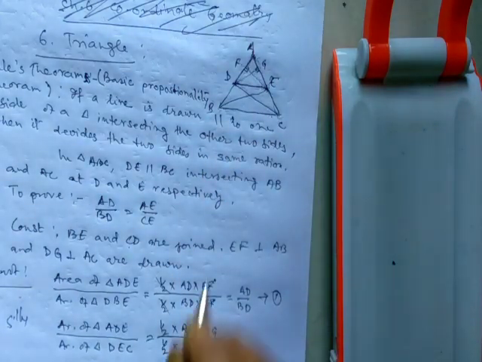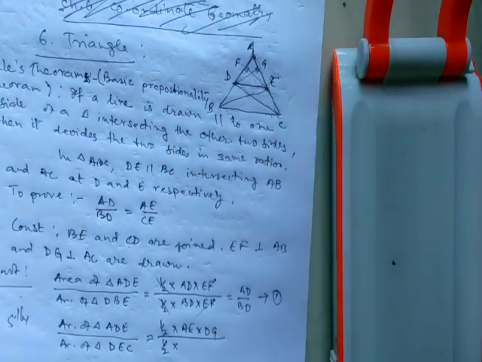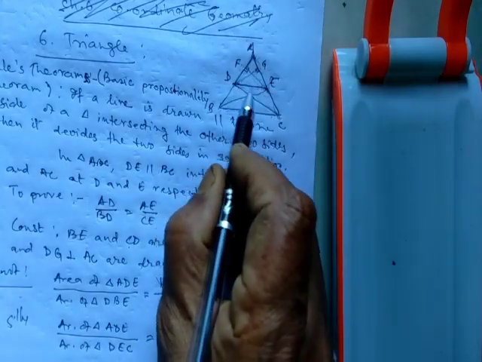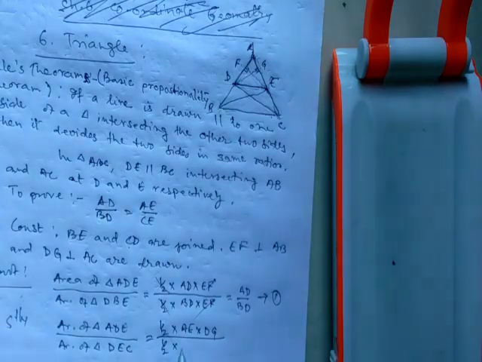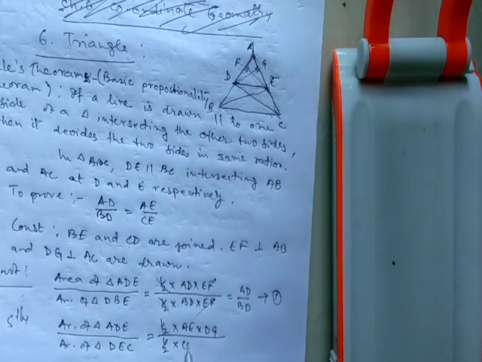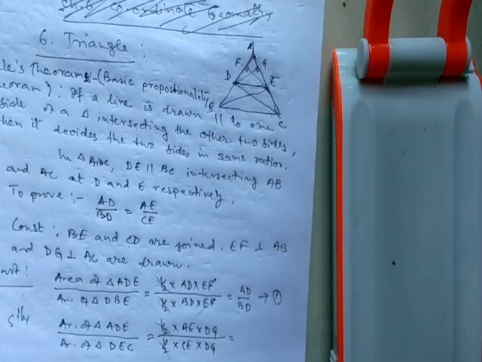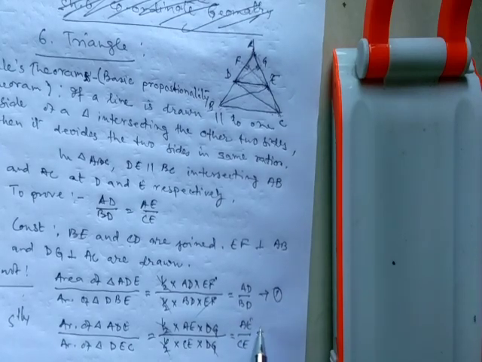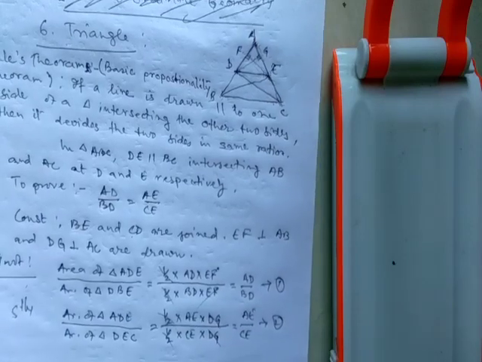Half and half cancelled, DG and DG cancelled, this is equal to AE by CE. This is 2.